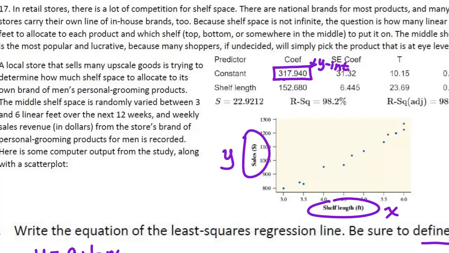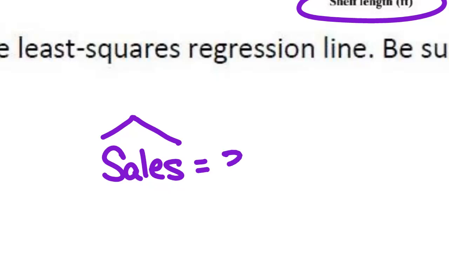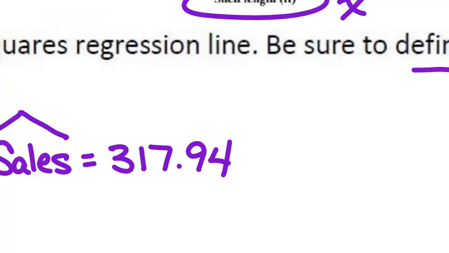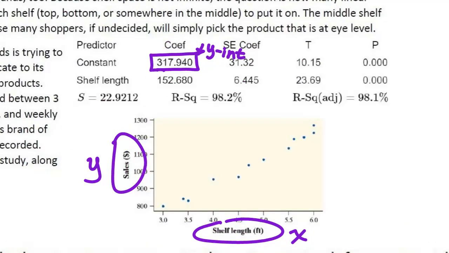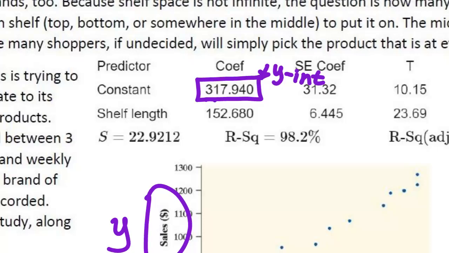So 317.94. If they give you the data, take it all the way out to as many decimal places as they give you. I'm not going to put the 0 on the end, but I am going to take it out as far as the digits that are significant there. We have a positive linear association, so I'm going to have a plus. I can also find that by looking right here where it says shelf length and then coefficient.